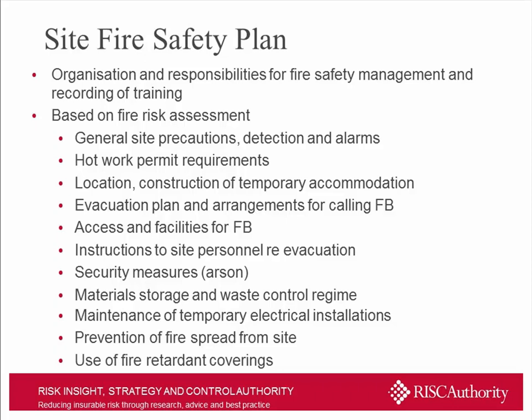But also elements where you're trying to ensure that regardless of what's going on the site, by way of the construction activities, you're not introducing additional fire hazards that aren't being effectively managed and monitored. For example, if you're undertaking hot works of any sorts.